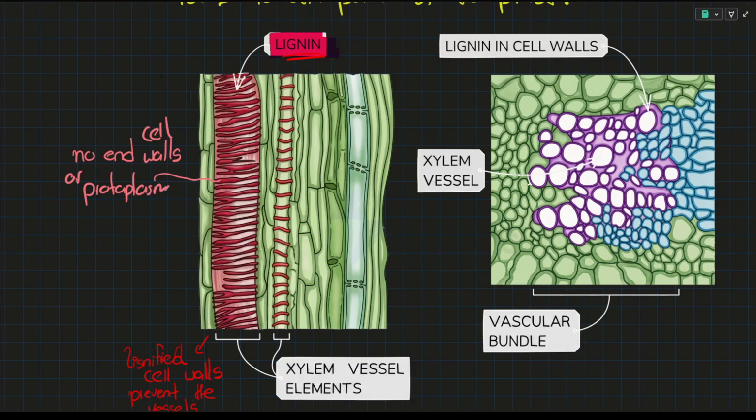Don't worry about what protoplasm means, just think of it like cytoplasm. If you look at phloem, you can see the phloem vessels have the cytoplasm like this. They do have it. But xylem vessels, they don't. No end walls, no protoplasm, to ensure mass flow, meaning to make sure that everything is going to flow.